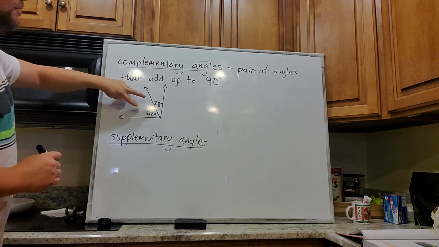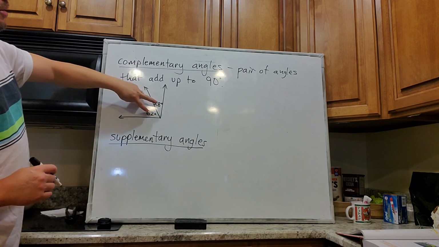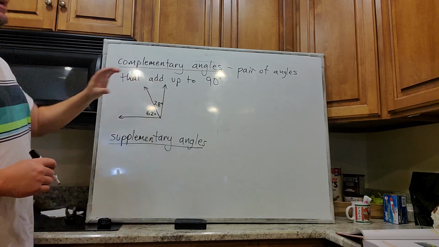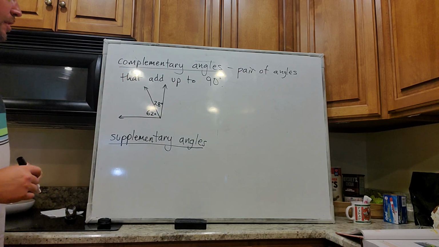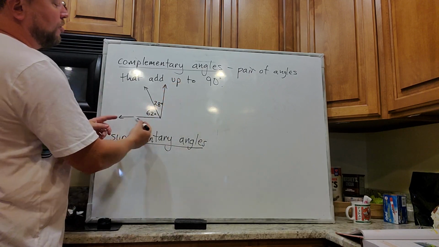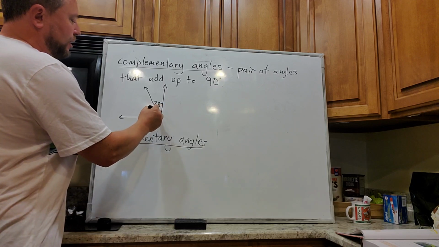If you do your math, 60 and 20 is 80 degrees, and 8 and 2 is another 10 degrees, so that adds up to 90 degrees. See that? So when put adjacent beside each other, they form an overall angle that would be a right angle, right? That would be 90 degrees.